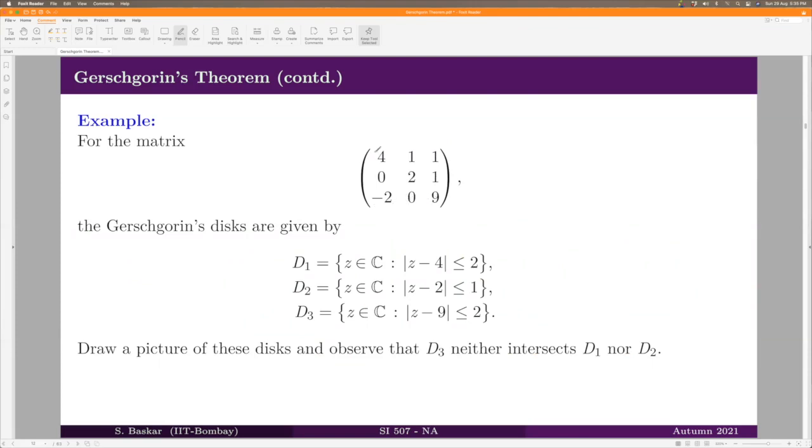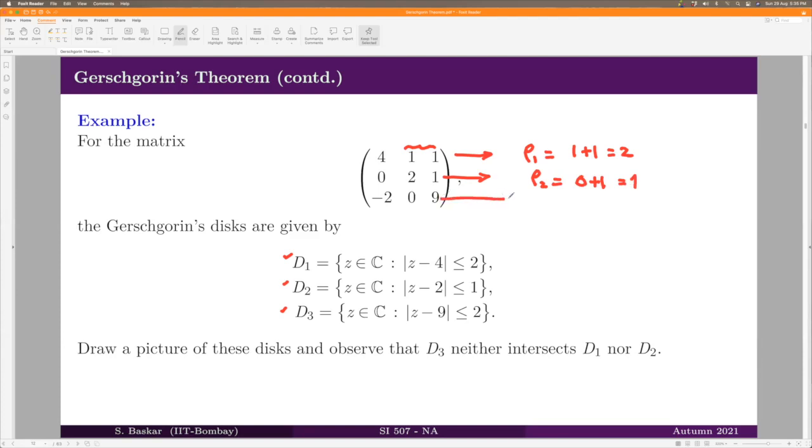Now, let us construct the Gerschgorin disks. What is meant by a Gerschgorin disk? These D1, D2, D3 are called the Gerschgorin disks. The radius is obtained by taking the modulus of each non-diagonal element and adding them. So the first disk radius rho_1 is 1 plus 1, which is 2. The second Gerschgorin disk radius rho_2 is 0 plus 1, that is 1.